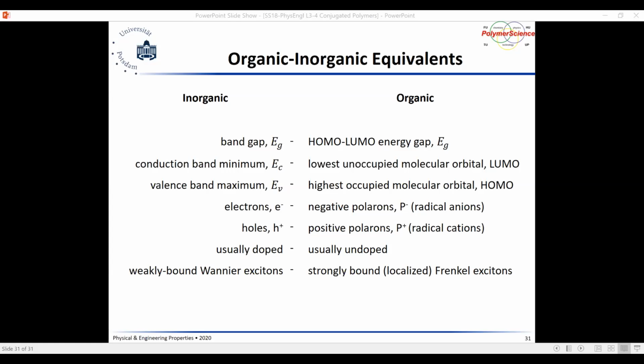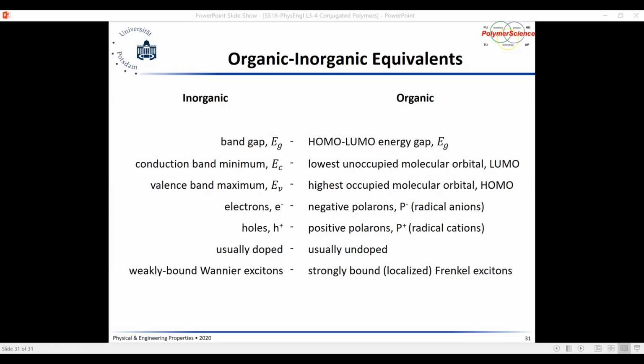In organics, when we have excitons, an exciton is a strongly bound, excited state. The binding is Coulomb binding between the electron and hole pair, and it has a high binding energy. In organic materials, at room temperature, the binding energy is much, much larger than kBT.